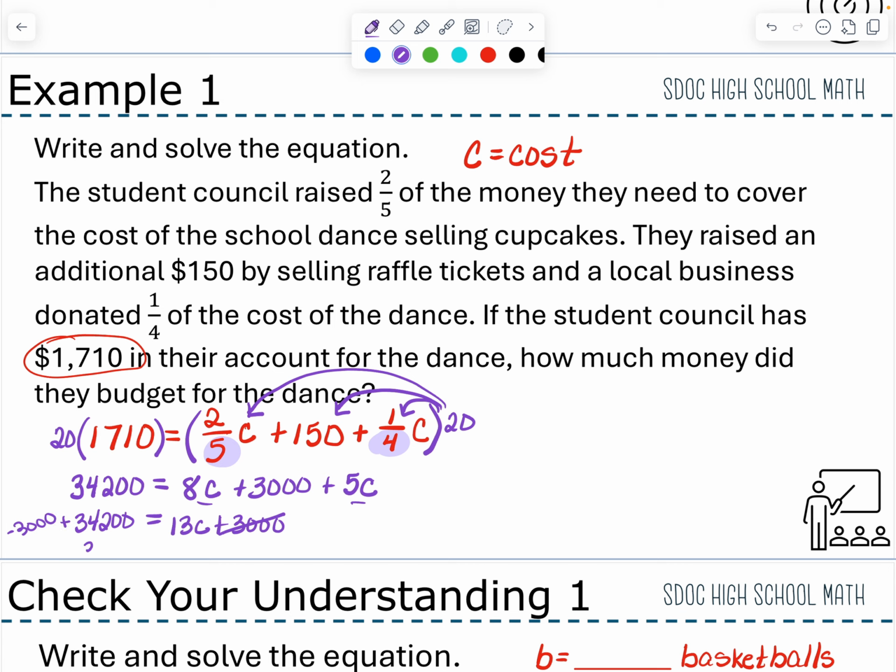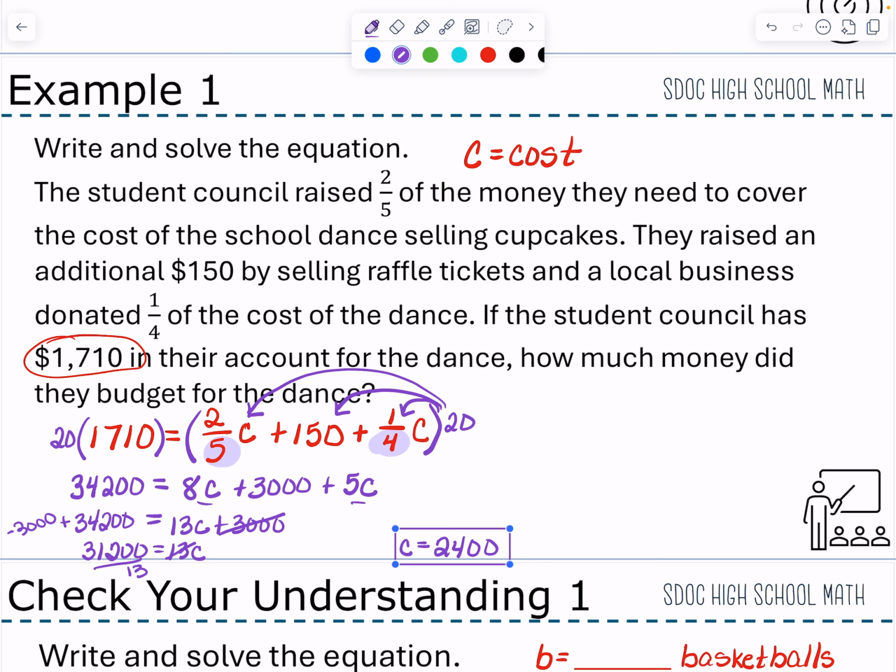That gives me 31,200 is equal to 13C. Divide both sides by 13, and I get C equals 2,400. Okay, so the amount they had budgeted for the dance was $2,400.